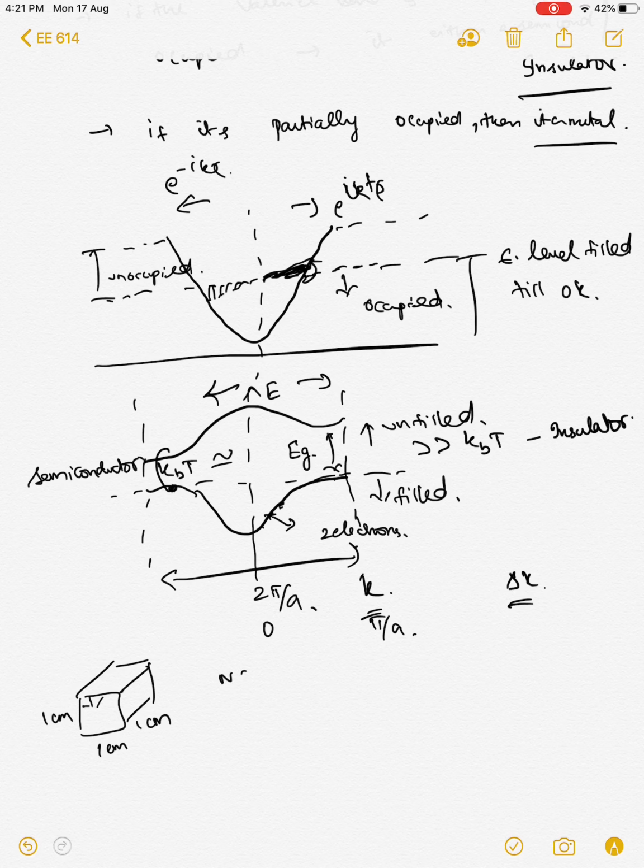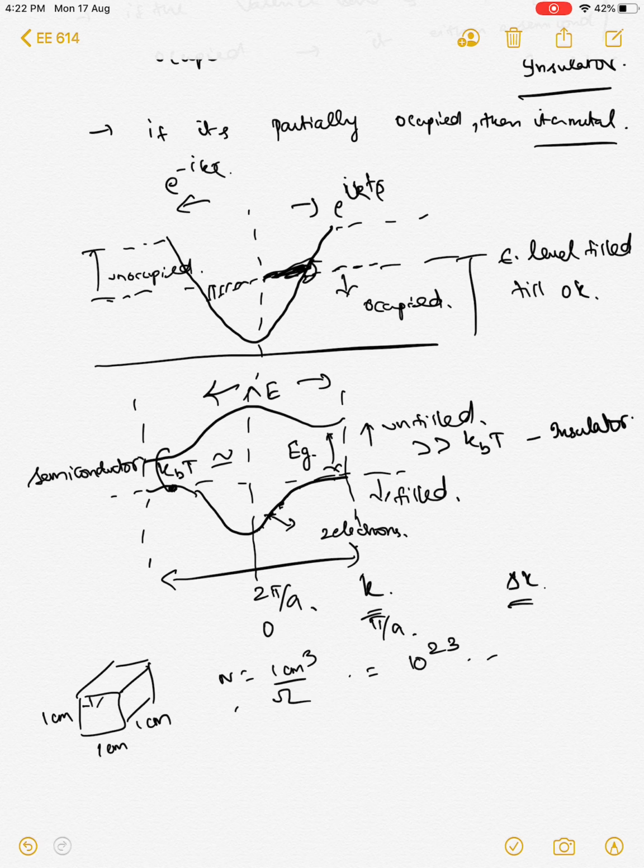That N is 1 centimeter cube divided by the unit volume of silicon. This will be some huge number, of the order of 10 power 23 or more. That many small points is what you will have in these lines.